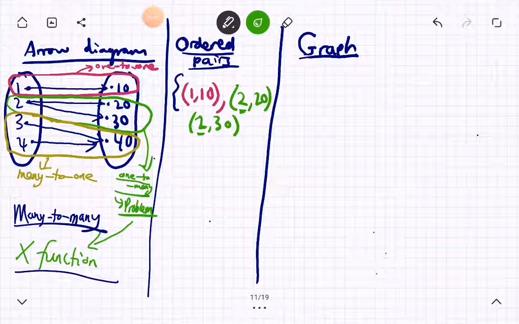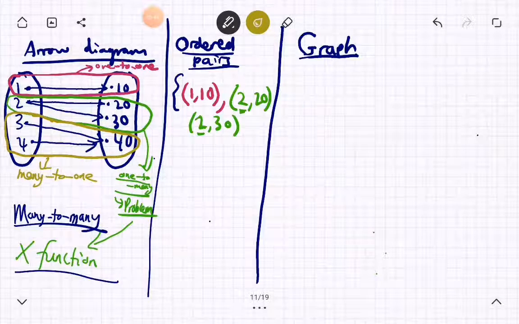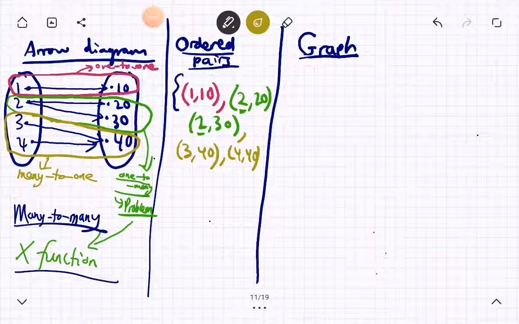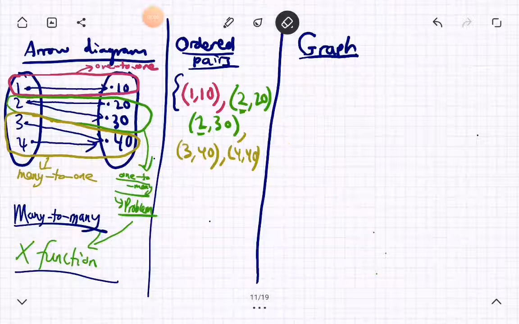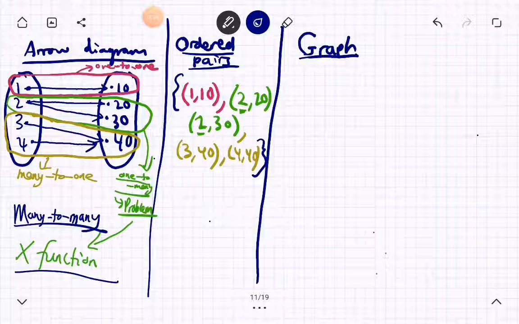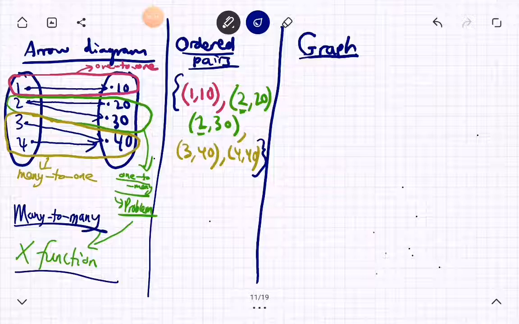And then the third case will be (3, 40) and (4, 40). Notice that here the inputs are different but the output is the same. Then you close the set because these are the only lines. You can recheck: we have 1, 2, 3, 4, 5. So we should have 5 arrows here. And yes, we do have 5 arrows.